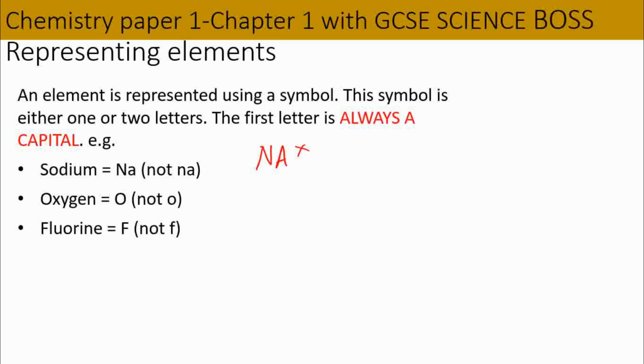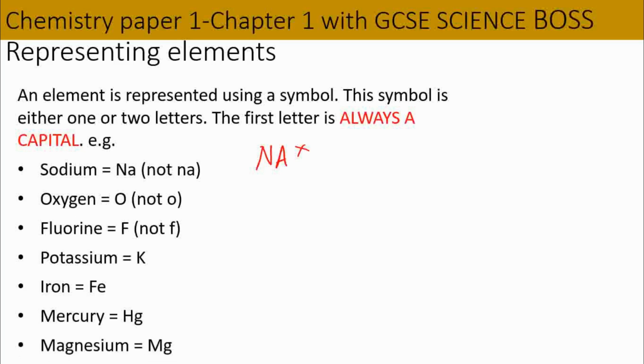Fluorine is a capital F, not a small f. All right, similarly, what you have here: iron, potassium, okay, mercury, Hg. So it's very important for you to write elements in this particular way. Okay, it's very important when you're balancing equations and anything like that. All right, so just remember that, very key information.